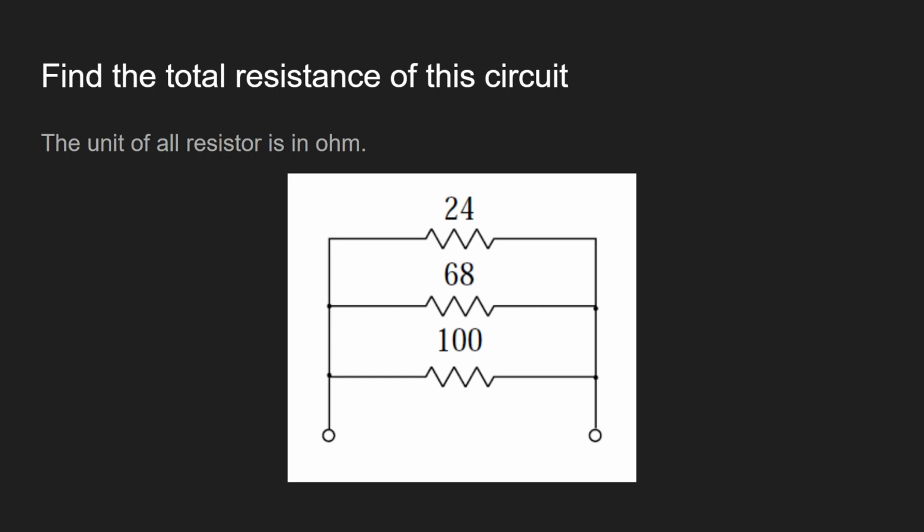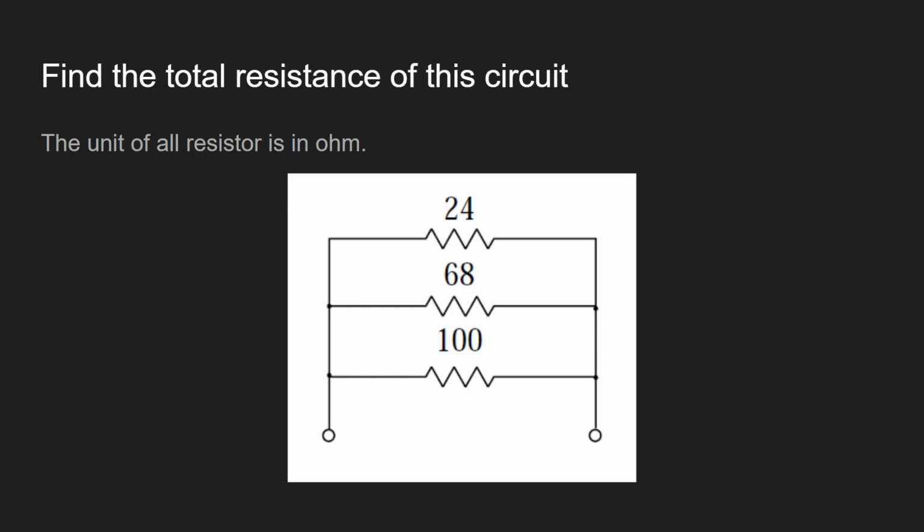If you use the formula, remember that you are calculating 1 over R, not R directly. So you have to make up your mind which formula you are going to remember. But this is the easiest one to remember.